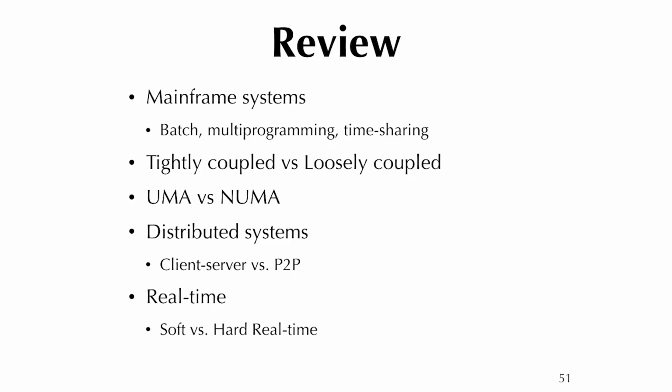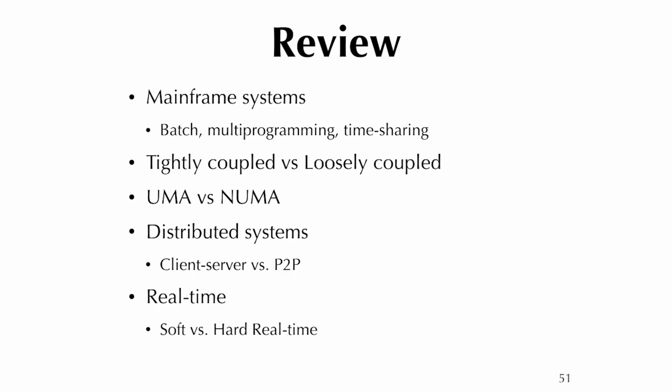Okay, so that was a quick overview of different computer systems, how they developed over time, and the OS's role in them, or lack of role in them. Starting from mainframes, batch processing, multiprogramming, time sharing, right, that progression. Batch is when you load one at a time, and multiprogramming allows you to load several, but it's still doing one at a time. Time sharing allows the system to force a context switch.